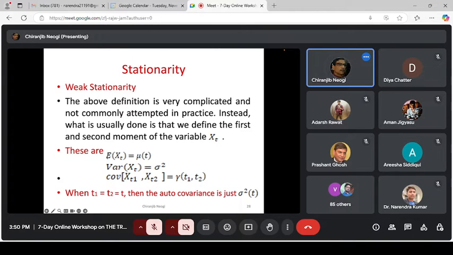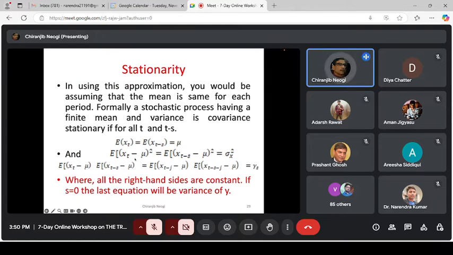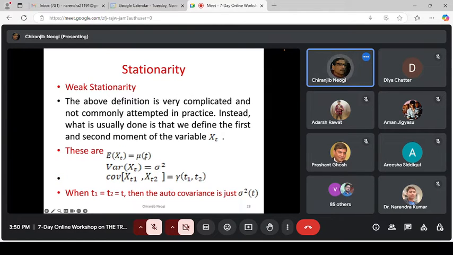Here you see that the mean is constant: the expectation of xt is equal to mu, which is constant. The variance should be constant, and this is the covariance term, gamma t1 t2. There are two time points t1 and t2, and when t1 is equal to t2, the autocovariance is just the variance, as in my earlier case.